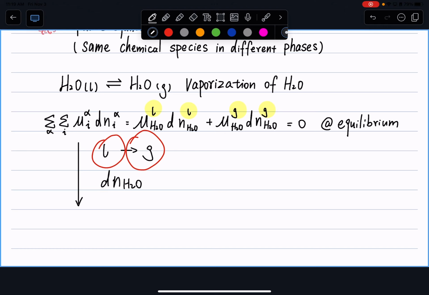On the left-hand side, you have dN, the number of moles of liquid. This one is going to be a negative number because it is the reactant, right? The number of moles of your liquid H2O is decreasing. The negative of your change of liquid water number of moles equals the change of your gas phase number of moles. And the numeric number will always be the same.